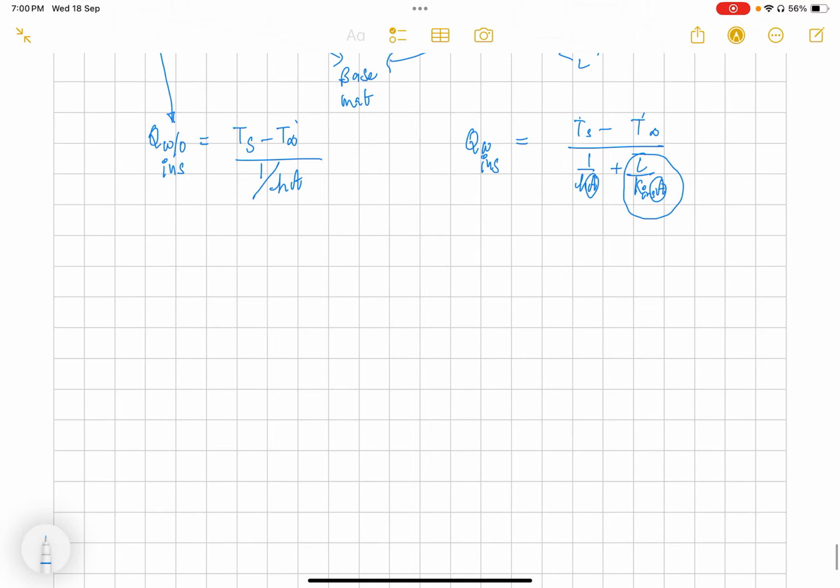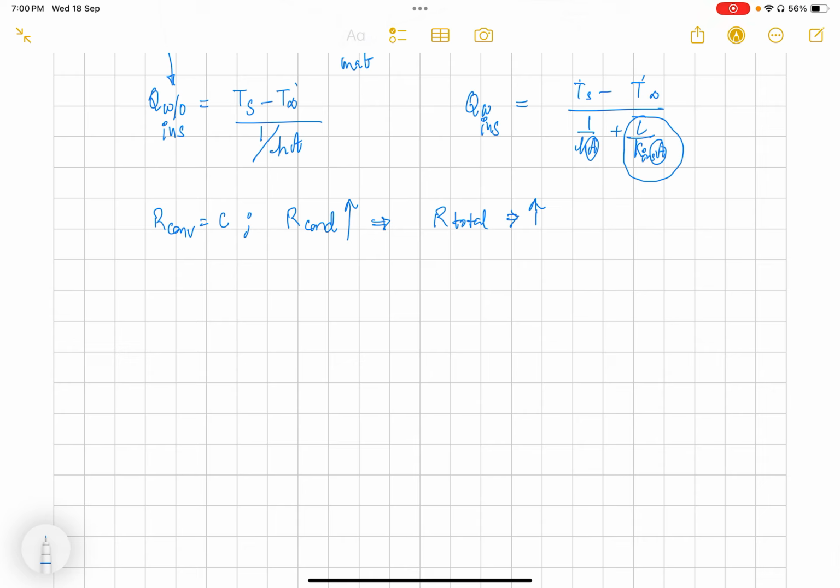Because of that, what will happen if we increase the value of L? Conduction resistance will increase, L by k will increase, but convective resistance is constant since h and A are constant. It implies total resistance, which is convection plus conduction, will increase.